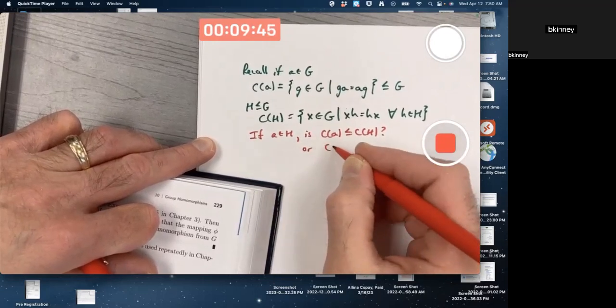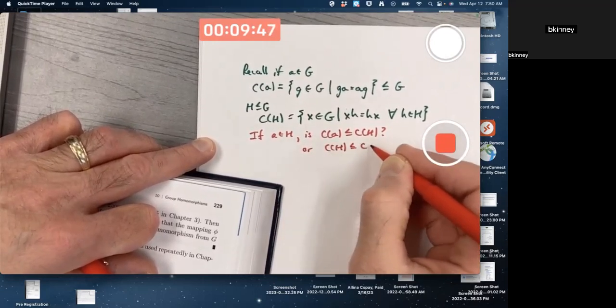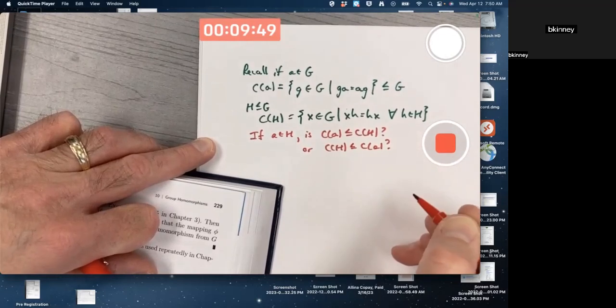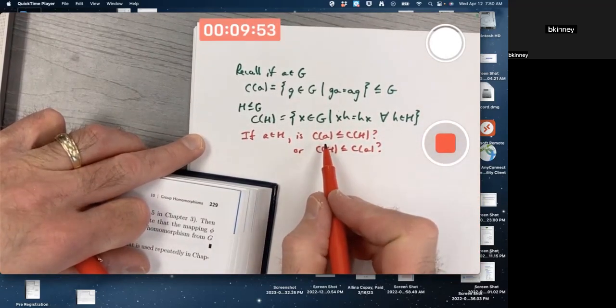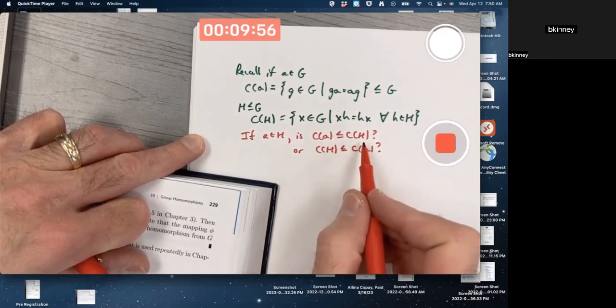Or maybe it's the other way around. You could try to answer questions like that. If you commute with A, do you commute with everything in H? That would be the thing to ask for the first question.